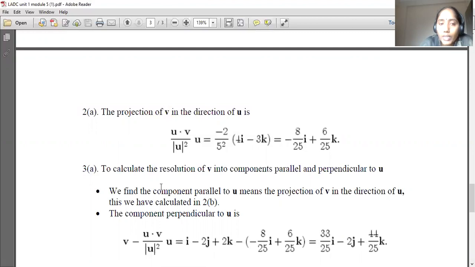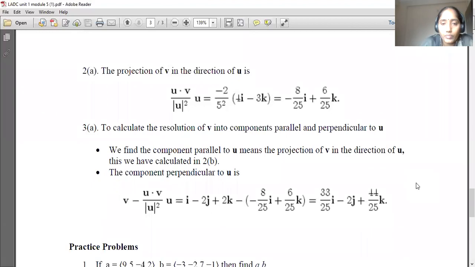Once again, the resolution of v into the component parallel to u is nothing but the vector projection of v in the direction of u, which is already found in the second question. Now coming to the other one, the resolution of v into the component perpendicular to u.